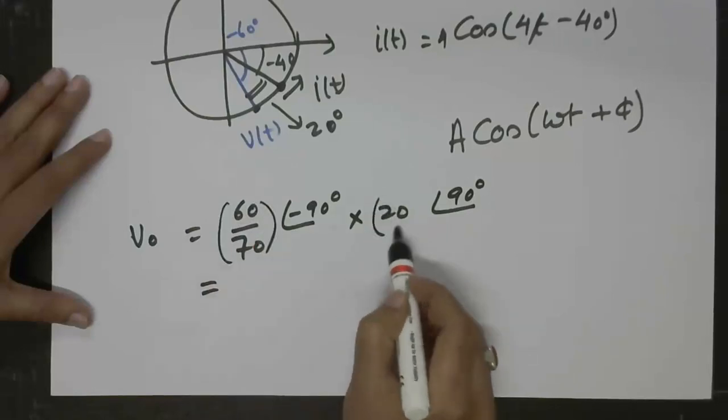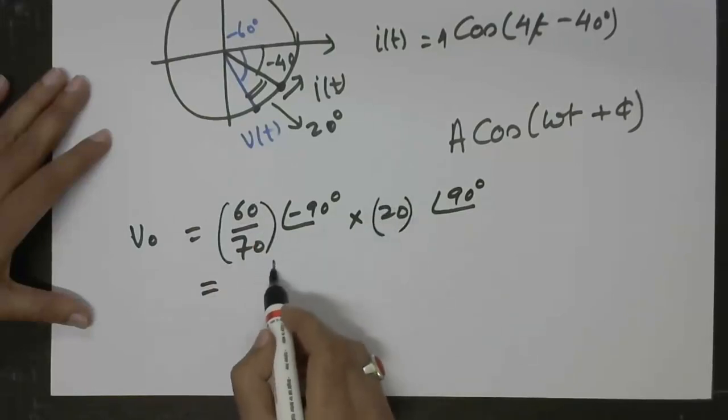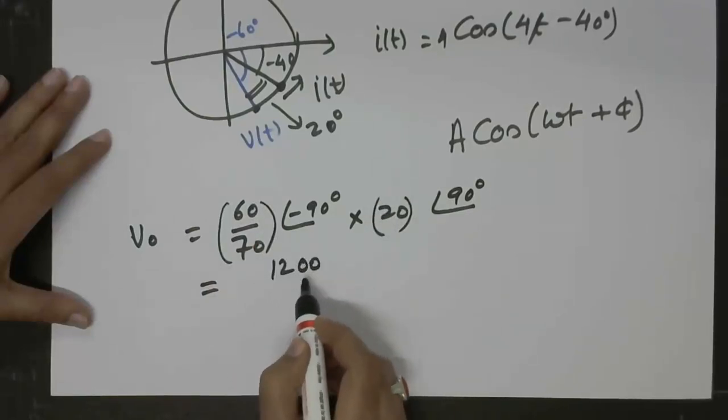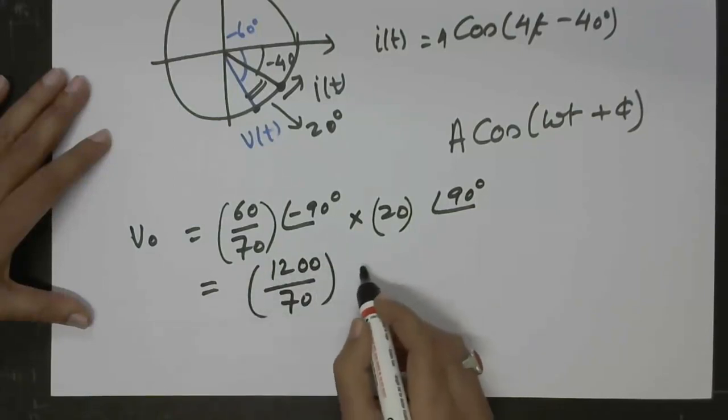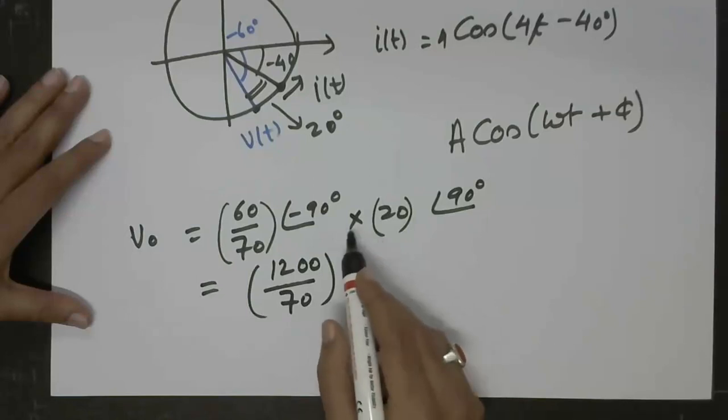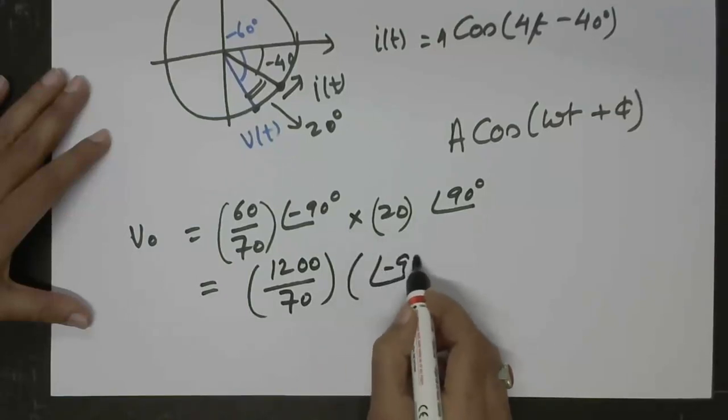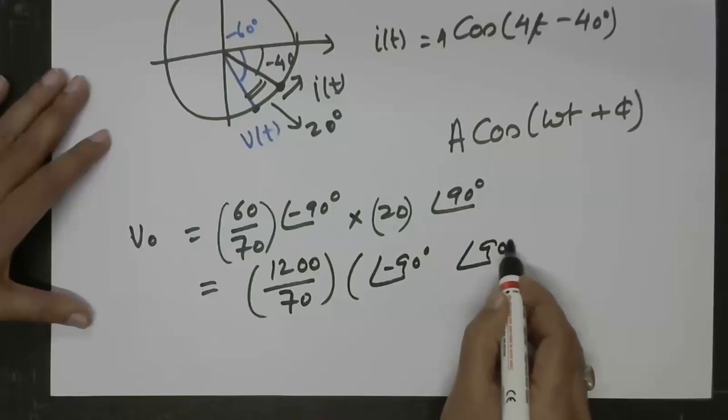So these are the three numbers, so they can be combined. 1200 divided by 70, so this will be one calculation that you have to carry out. The second calculation you have to carry out is this minus 90 degree and another 90 degree.